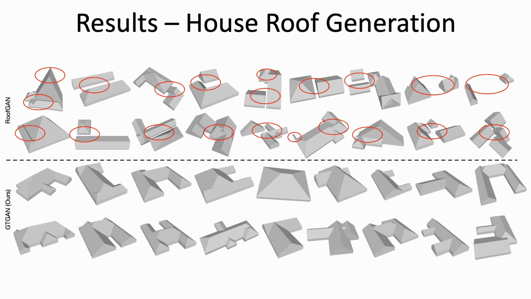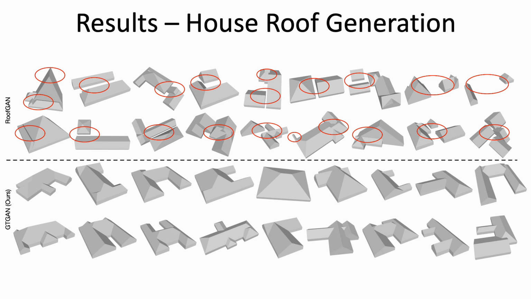We also compare GTGAN with the most related method, RoofGAN, on the house roof generation task. Clearly, we observe that GTGAN generates more realistic and reasonable roof structures than the leading method RoofGAN. For instance, RoofGAN generates isolated, too long, too high, or too thin roofs.